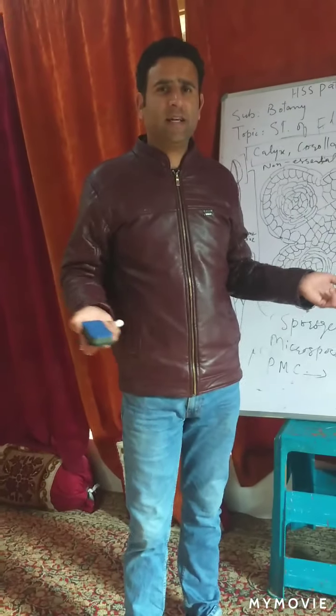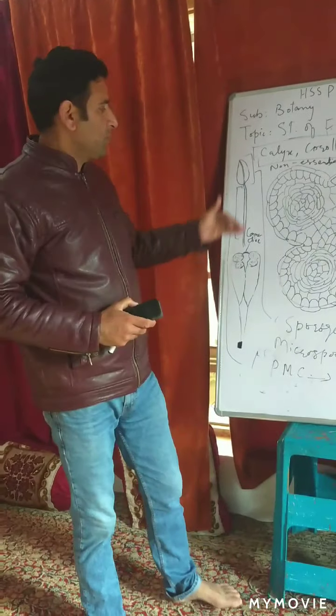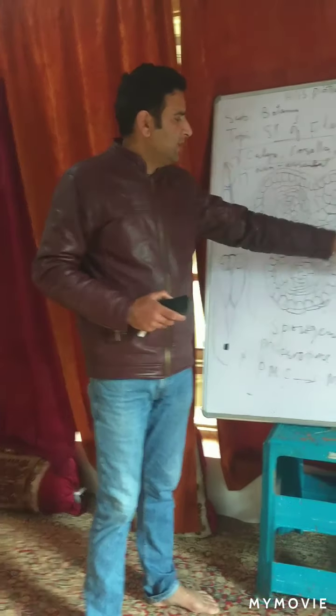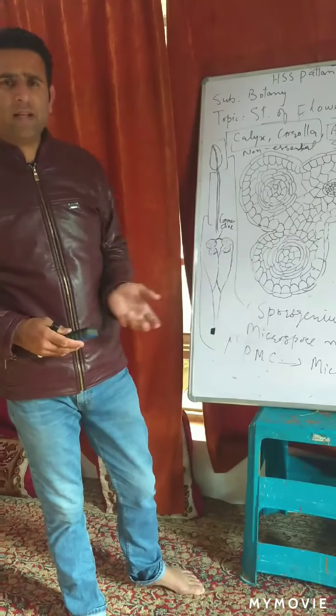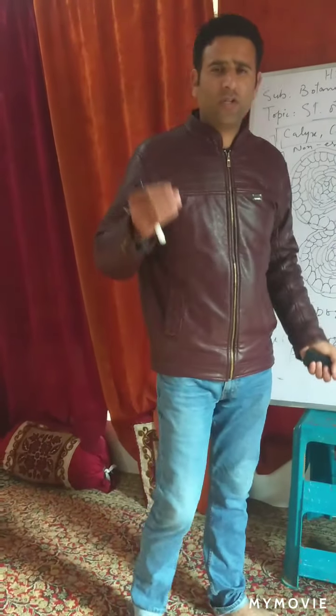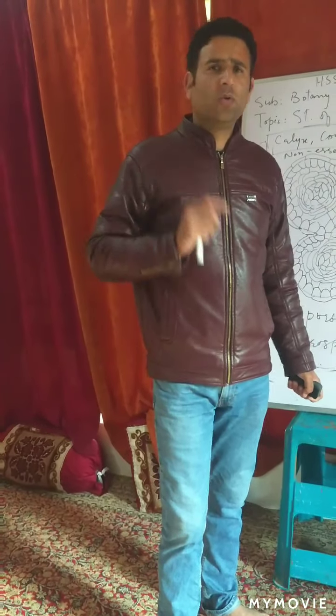When there is fertilization, there is again restoration of diploid nature. The male sex cell formed here in pollen grains has to fuse with the female sex cell, that is the egg, which is present in the ovaries in ovules.